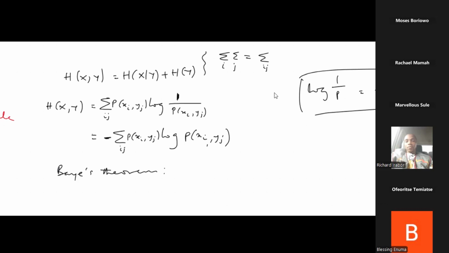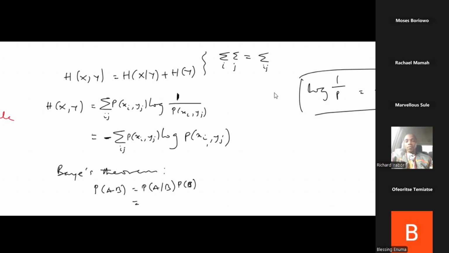Very well. Now, by Bayes' theorem, we know that the joint distribution of A and B, for instance, is the same as the product of the conditional distribution and the individual distribution.